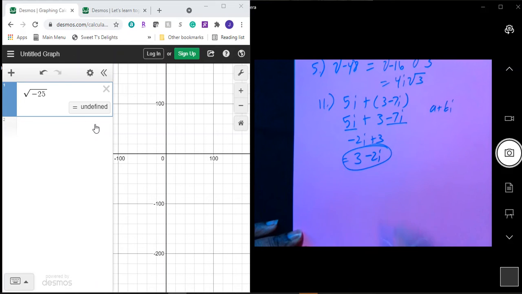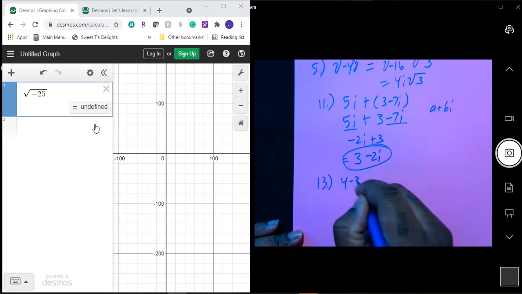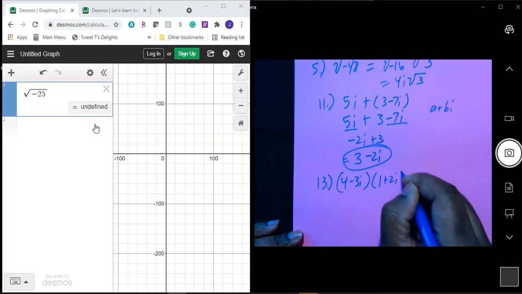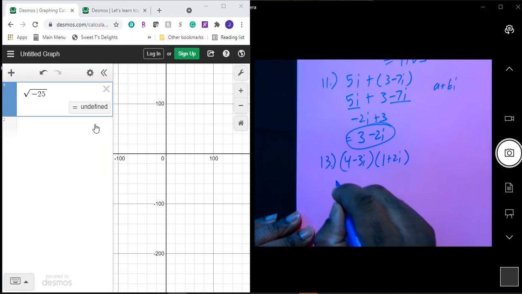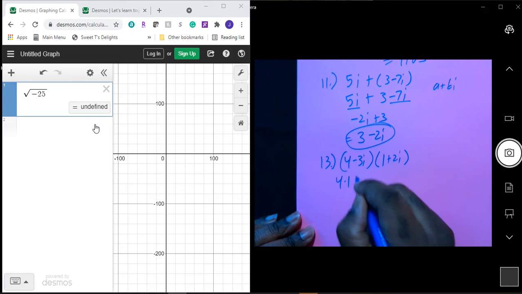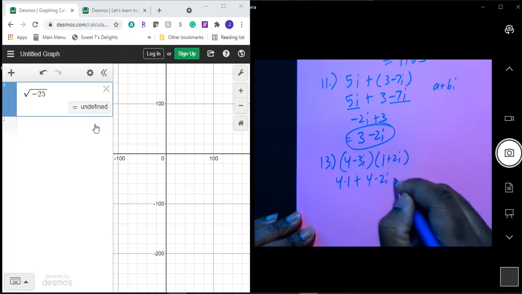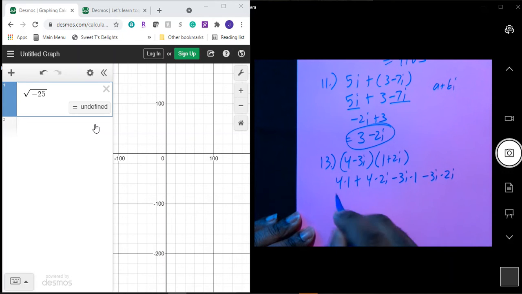Okay, next, we have problem 13. Problem 13, we have 4 minus 3i times the parenthesis 1 plus 2i. So what we would do is the FOIL method or distributive property. So we would do 4 times 1 plus 4 times 2i minus 3i times 1 minus 3i times 2i.